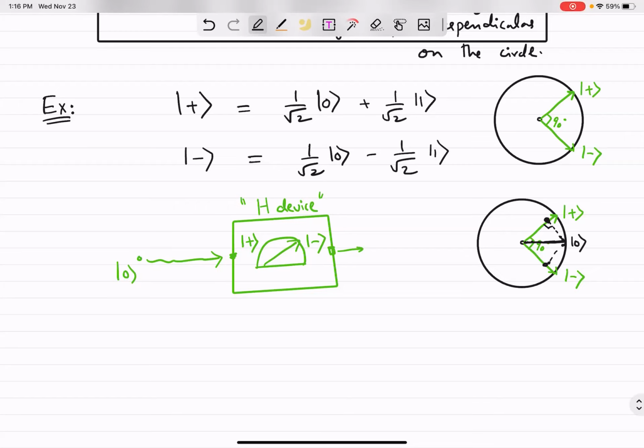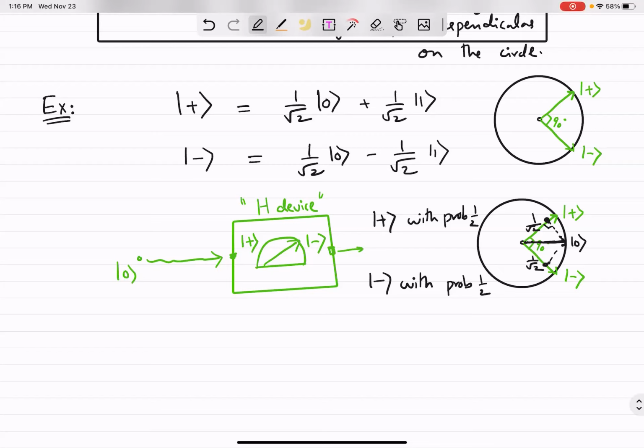Sine and cosine of these angles, right? So you can always compute the projections by the angles. In particular, what you get is going to be plus with probability half and minus with probability half, because the lengths are basically 1 over square root 2 and 1 over square root 2.